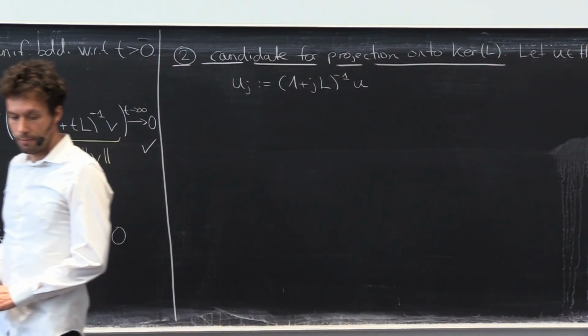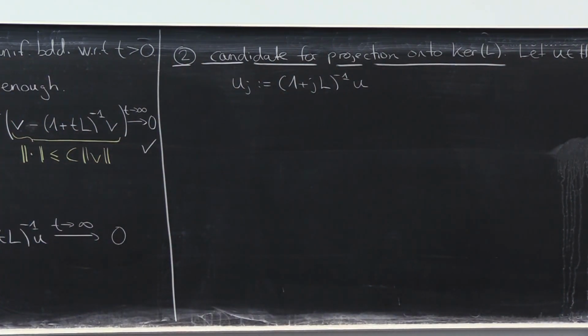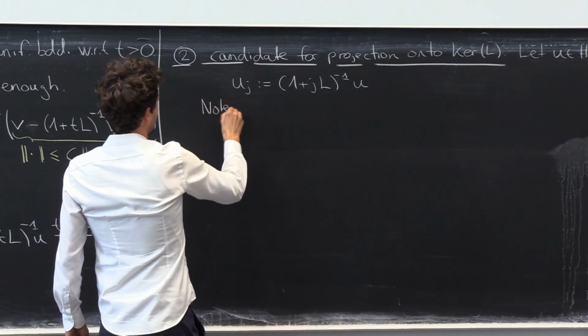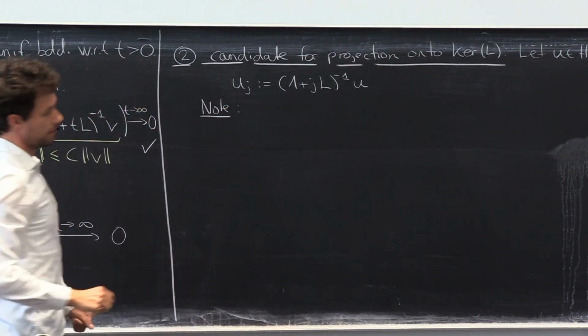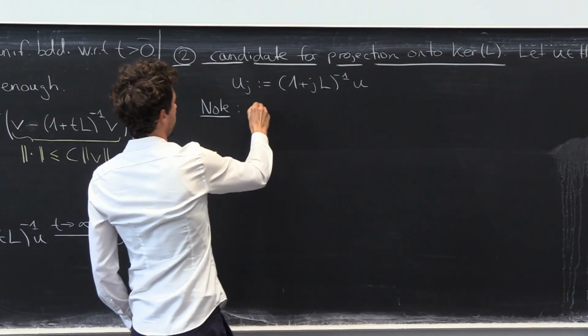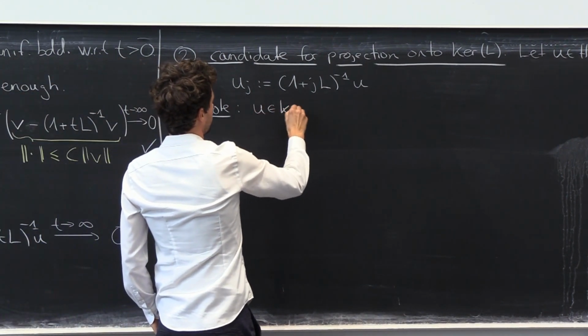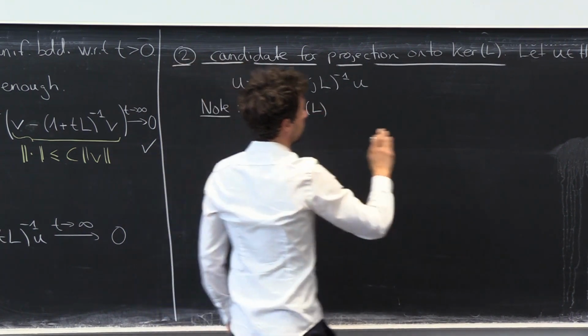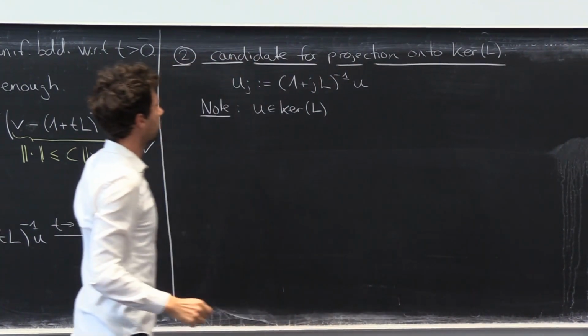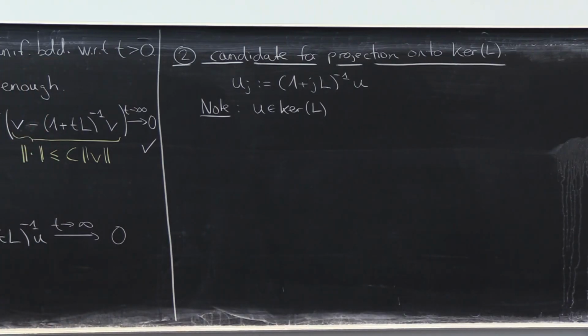Now let's have a look at what happens with these guys. So we know two things. First of all, when U would be in the kernel of L, then we did the computation over there.